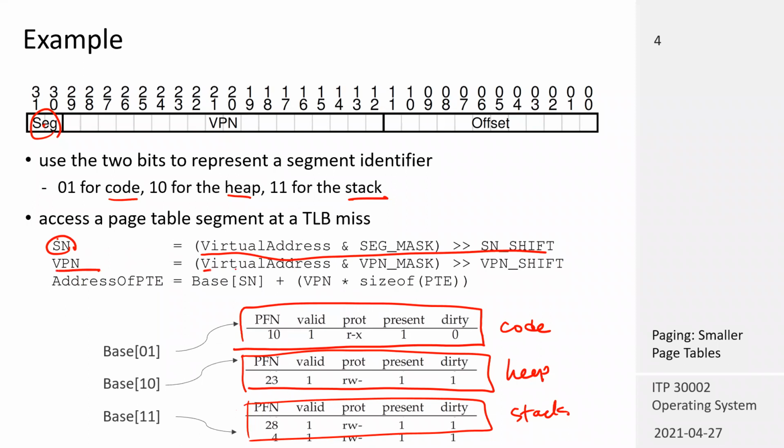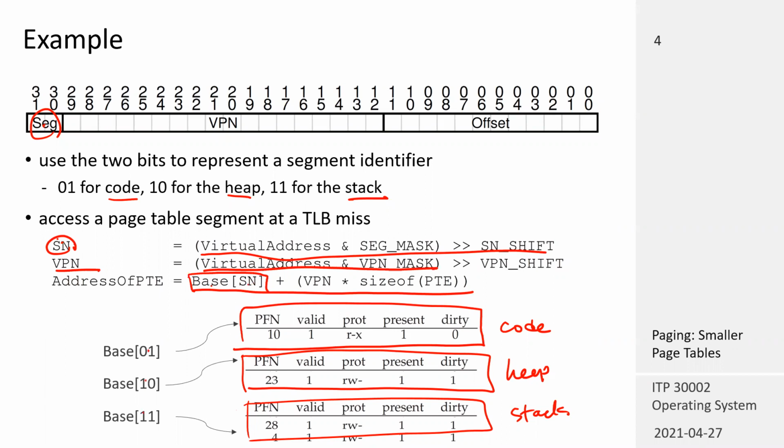Then it extracts the virtual page number, and then does a lookup in the page table. First, it finds the starting point of the corresponding page table, with the segment number as a kind of index, because we have 3 pairs of base registers.